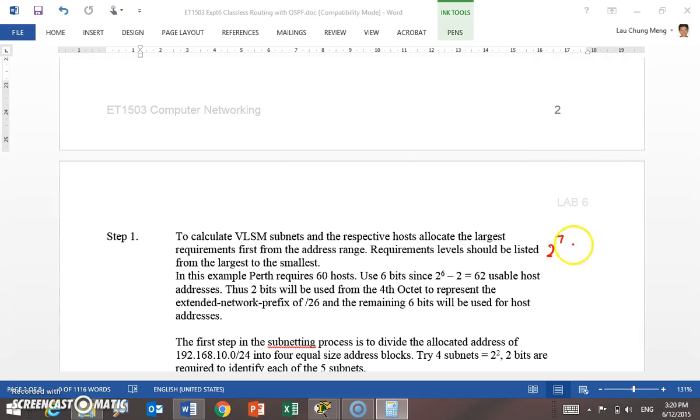Again we need to minus 2, which gives you 126. This would be too many hosts. We only need 60 hosts.